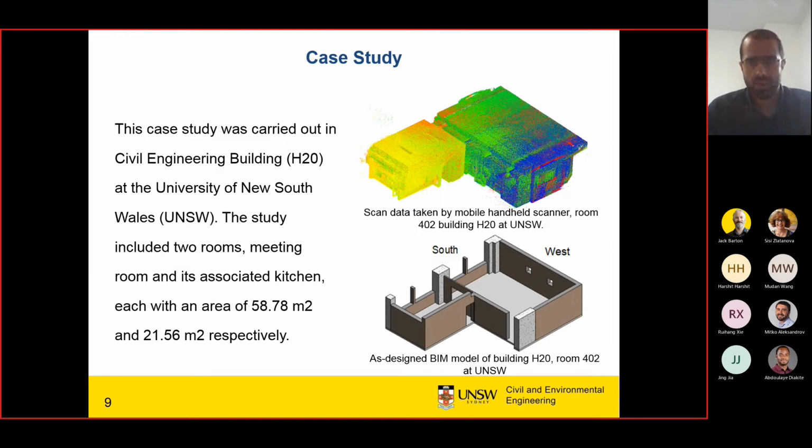As you see in the top right figure, that is the point cloud we collected for the two rooms. The smaller room shows the kitchen area, and below we provided the BIM model as per the exact data from that room in Revit. So to prove the methodology, we use this scan data from an already as-built building.